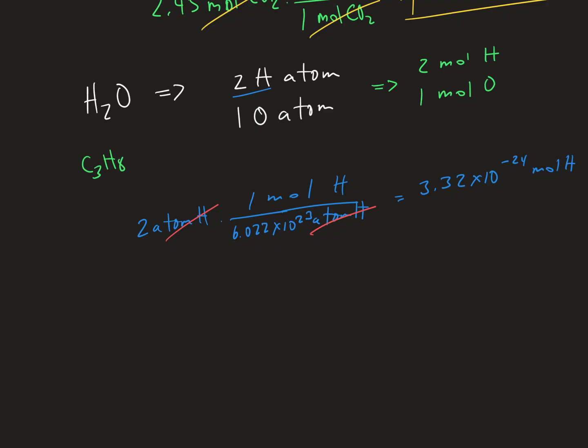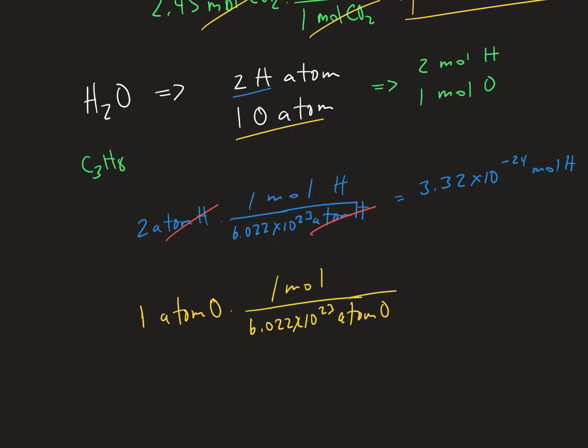So now let's do 1 atom of oxygen and convert that into moles. 6.022 times 10 to the 23 atoms of oxygen so that it cancels to 1 mole of oxygen.